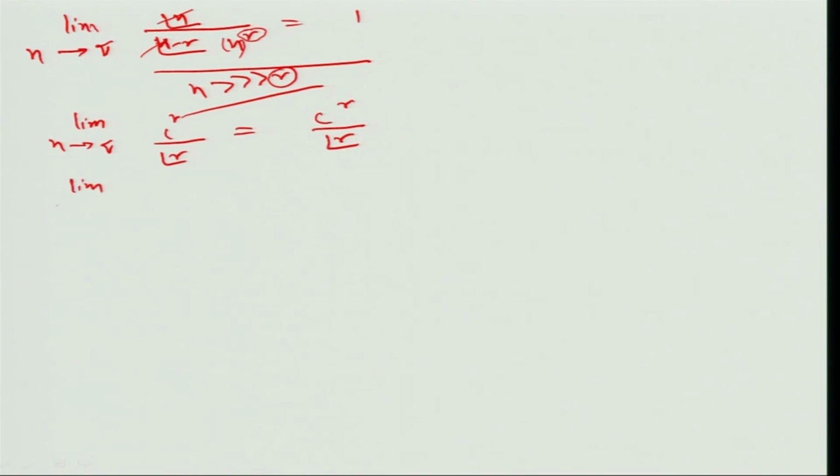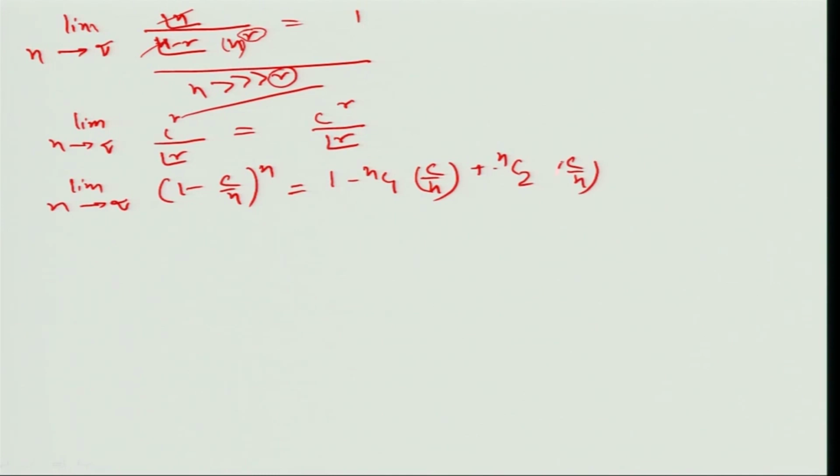The other term, if n is limited to infinity, is 1 minus C by n to the power of n, which can be recorded as 1 minus nC1 C by n plus nC2 C by n square minus nC3 C by n cube plus so on and so forth, and the limit of n tends to infinity of this expression where n is very large.